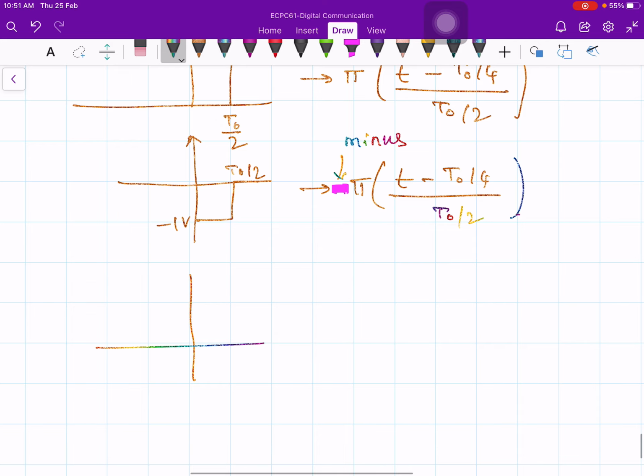Therefore, your pulse is like this. Let us say this is minus T naught by 2 and plus T naught by 2, or I can draw it a little bit bigger so that you will get a very nice picture.